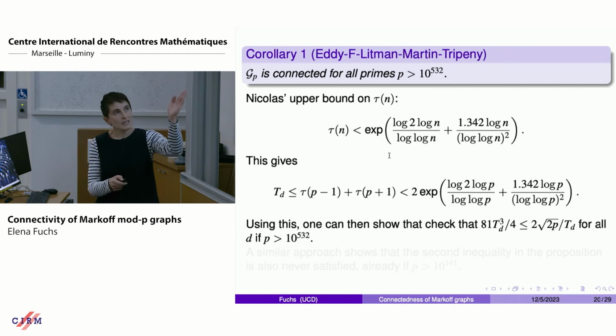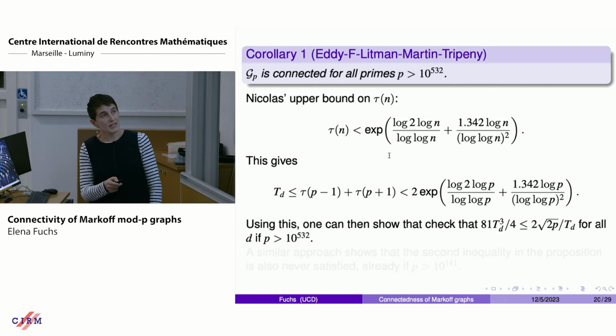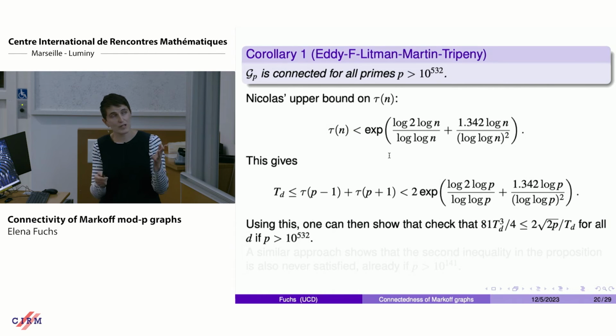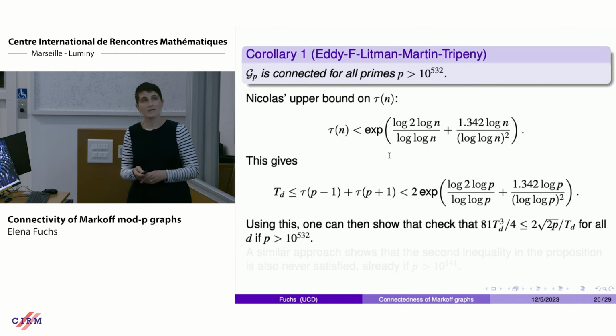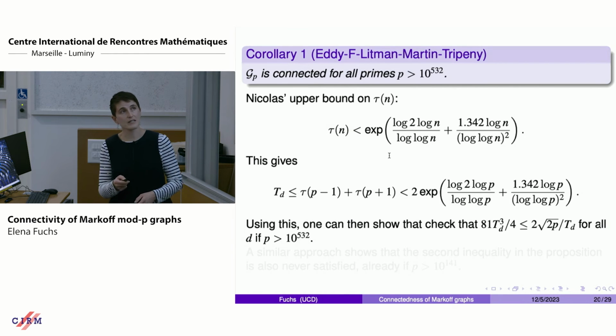And then using this, you can check that this inequality holds. So remember there was a situation where your prime P is bad, in the sense that the graph might not be connected if there's a divisor D that is greater than this but less than that.